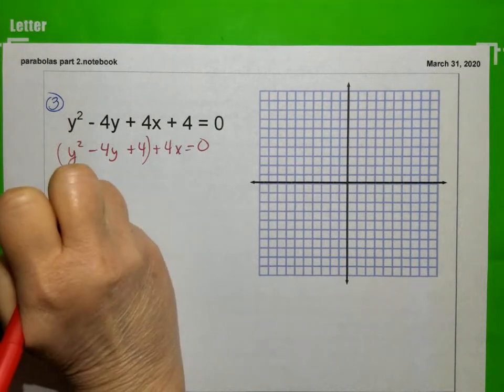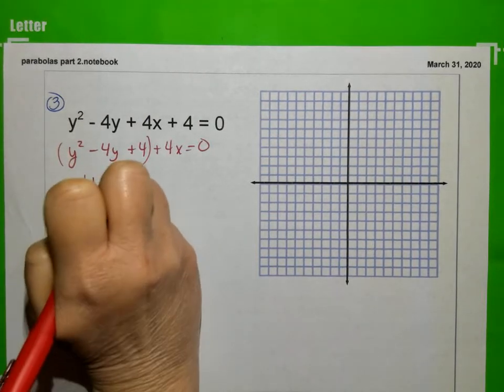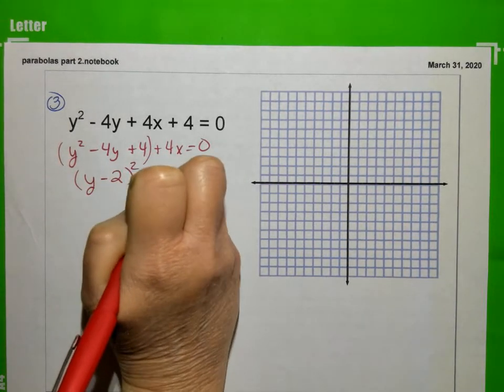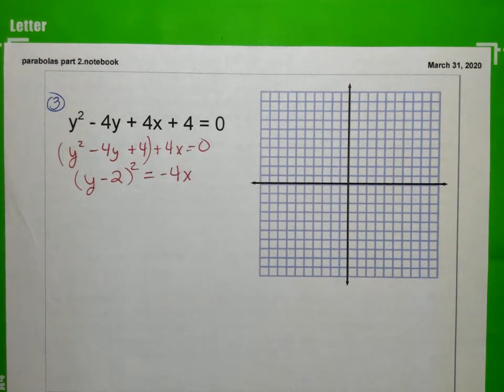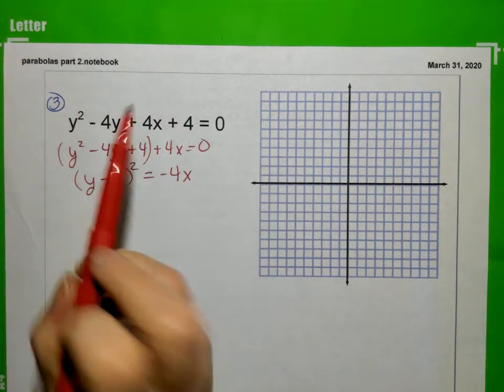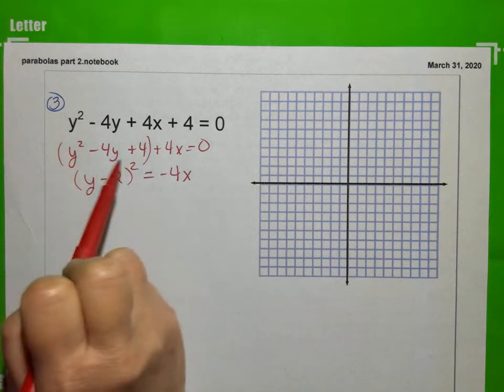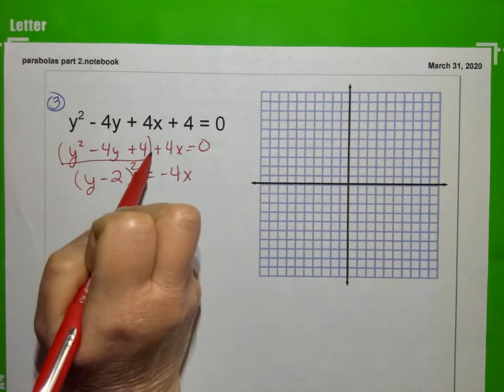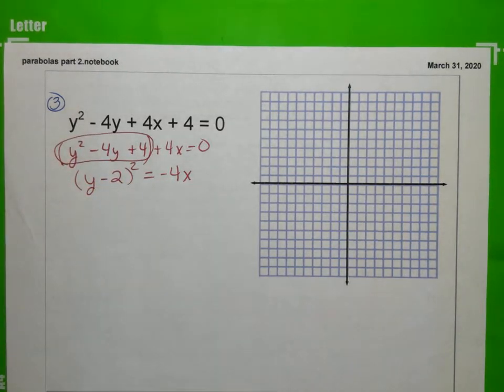And I know that that factors to (y minus 2) squared. And I'm going to move that to the other side. Whoa, that was a big step. All right, let's look at that again. I switched these two around, which gave me something I could factor into a square. I made this into a lovely perfect square.